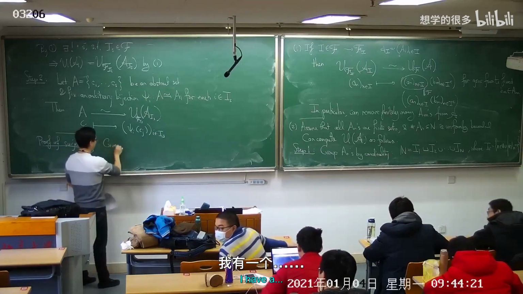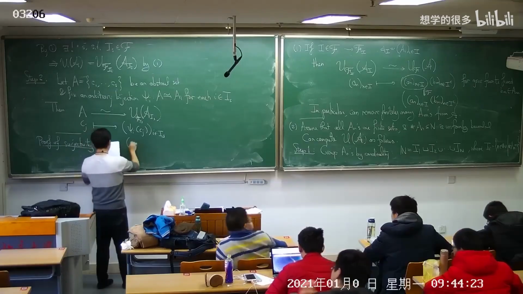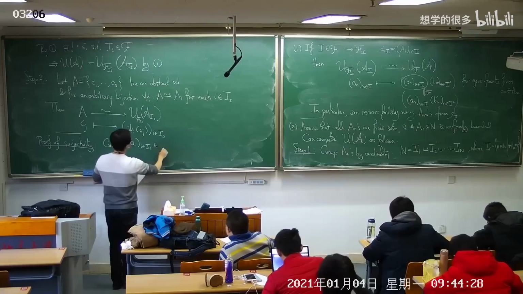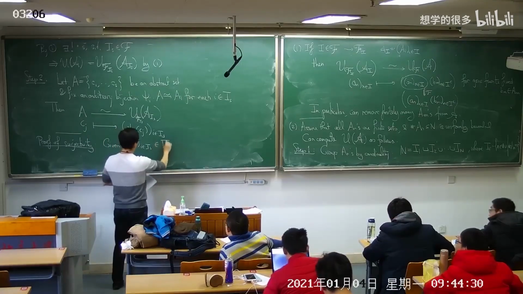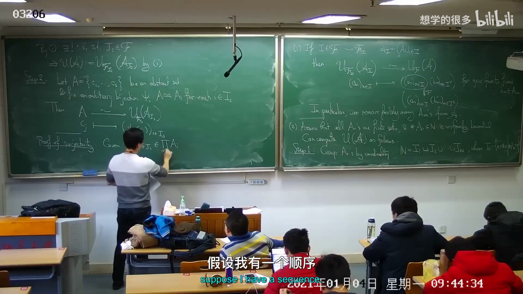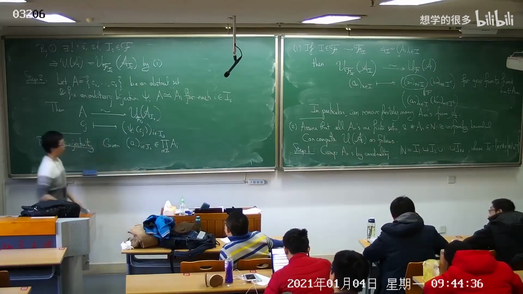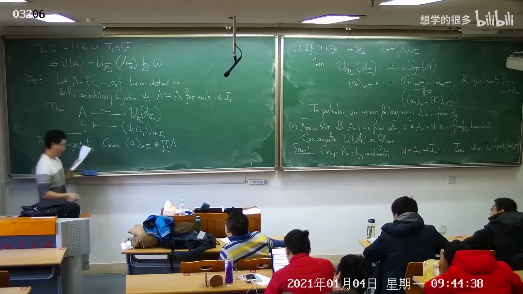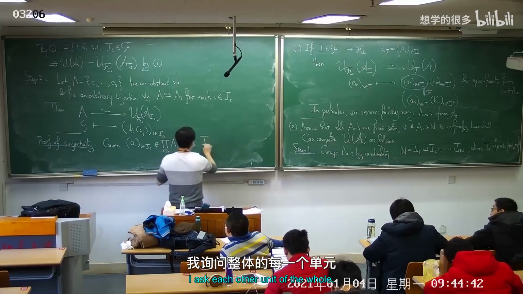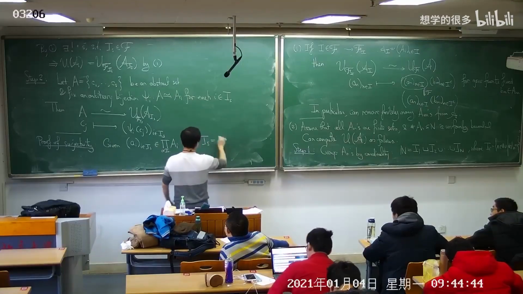So now, suppose I have a sequence in the product of this AI. Then I can rewrite this set IS as a union of the following.